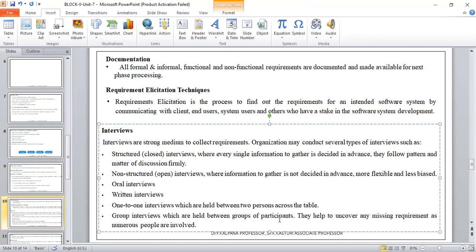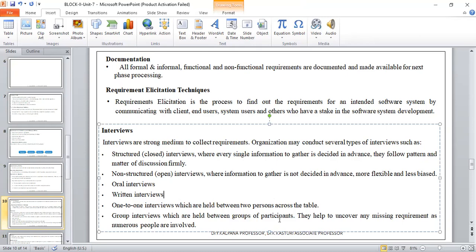They help to uncover any missing requirements, and numerous people are involved. These are the types of interviews available to gather the requirements properly. Open interviews have no decided topic to discuss. But closed interview means what?